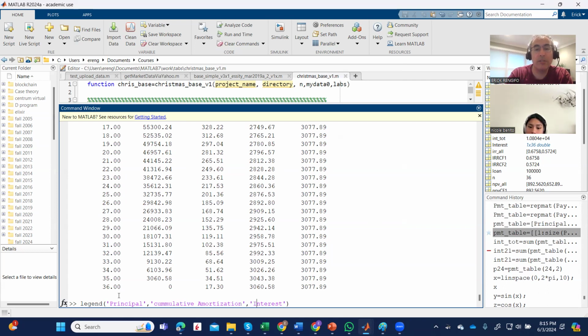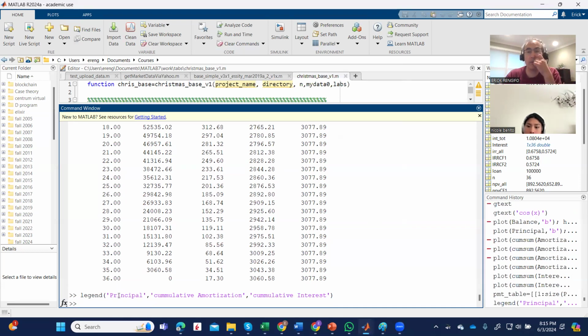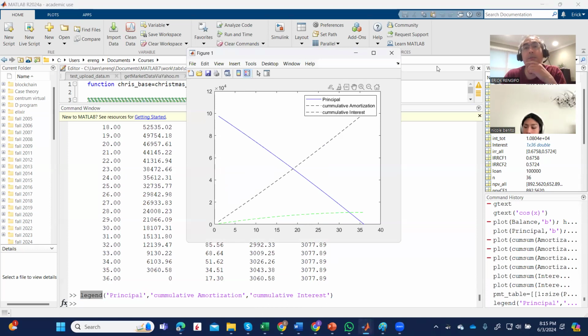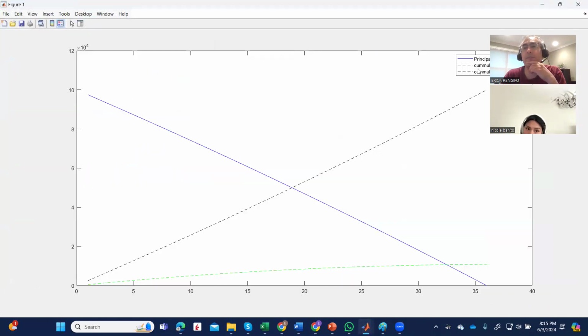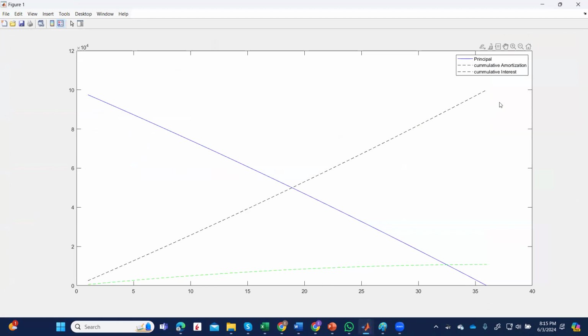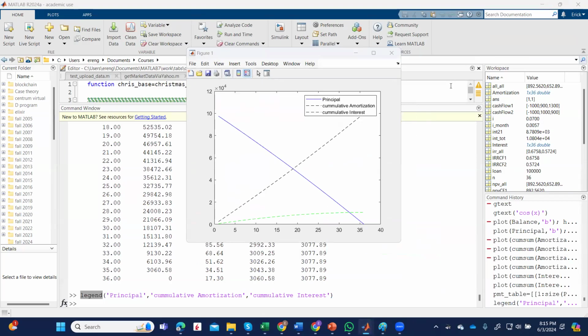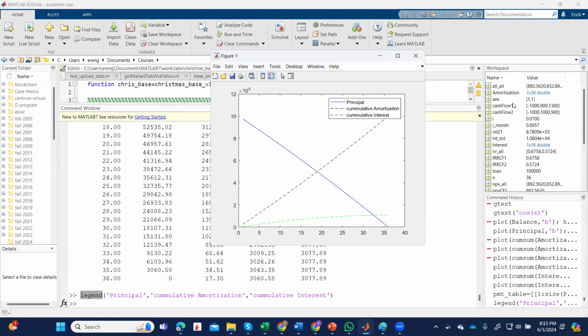And this is cumulative interests. Okay, so let's take a look at our graph. This is a new command, this is legend. And here you go. So we can make this big. So my principal, my cumulative amortization, and green, you can see this is green, cumulative interests. Make sense, guys? Do you get the graph?